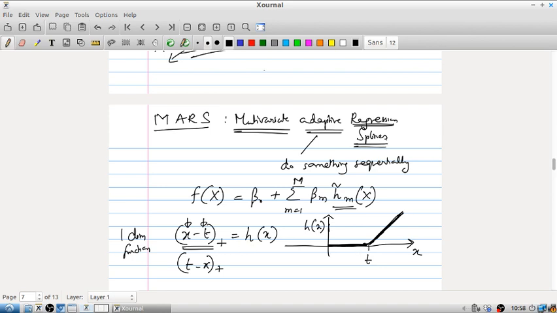It's a function which is flat on one side and rises with a slope of 45 degrees on the other side. And t minus x is just the opposite. Let's call it h2 of x. It goes down this way and then flattens out here, at the same t.